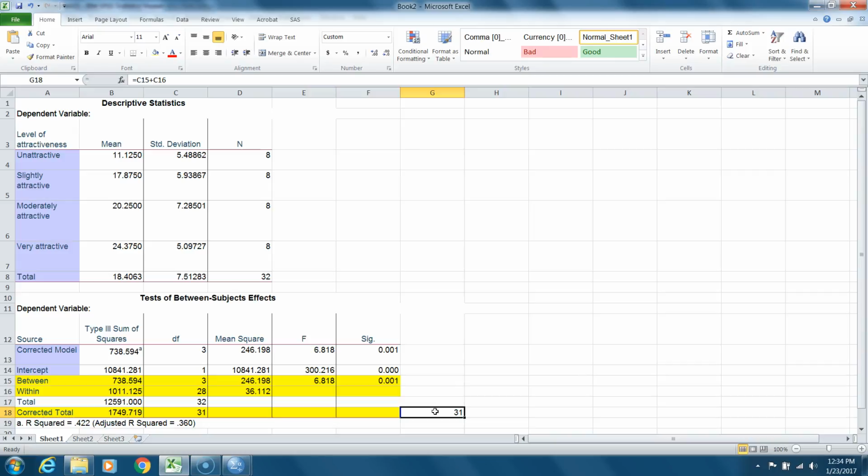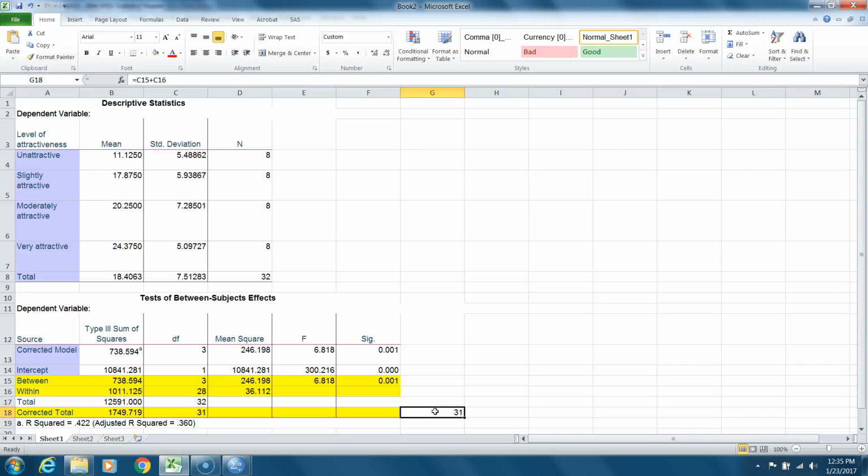If I gave you any 2 of the degrees of freedom for between, within, and corrected total for a one-way analysis of variance, you should be able to answer the third one. So if I told you corrected total was 31, and within groups degrees of freedom was 28, you should know that the between group should be 3.